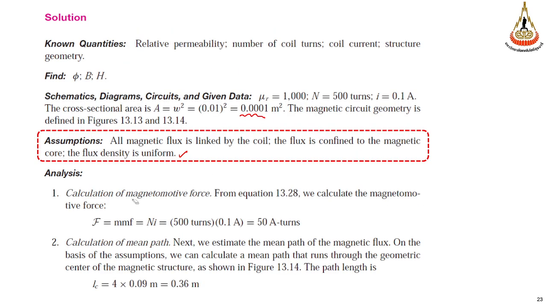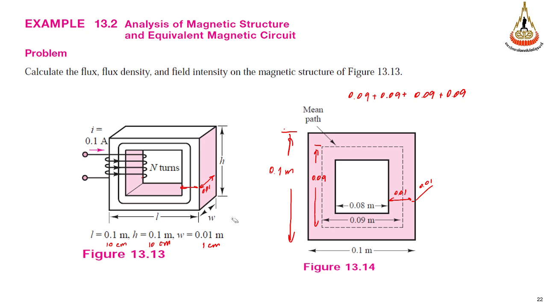Then we calculate the magnetomotive force, which is 500 turns times 0.1 ampere. This is 500 turns, so the magnetomotive force is 500 times 0.1. How much? It's 50 ampere turn here.